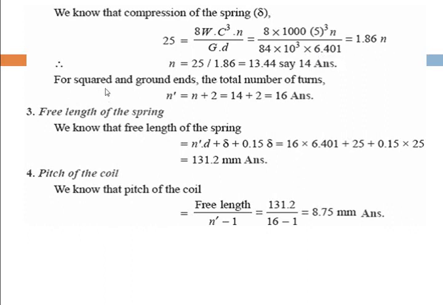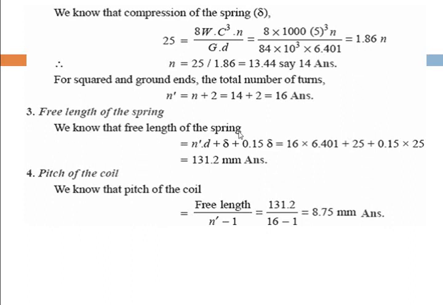This is for squared and ground ends. The total number of turns will be n dash is equal to n plus 2. Here n is 14, we got here, that is equal to 16. 14 plus 2, 16.